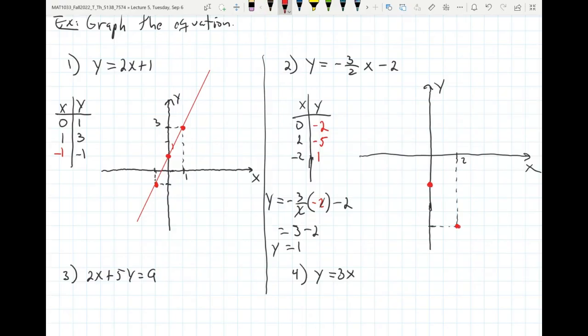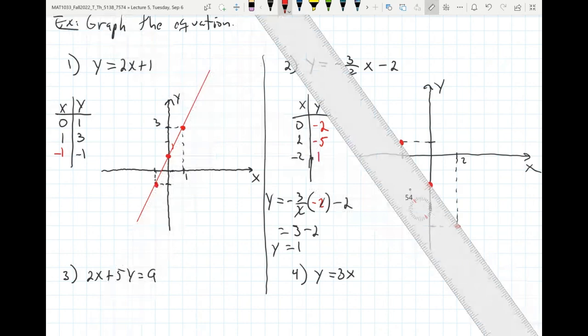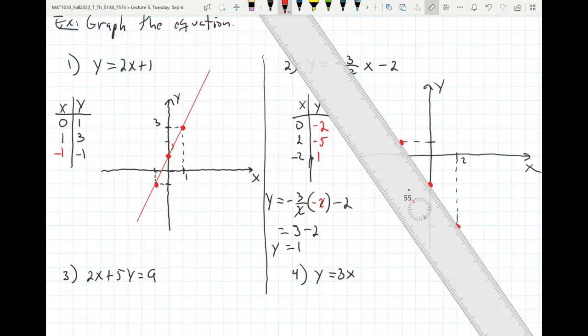It's right here. And then -2, 1. Again, it's always nice to do 3 points because that will allow you to check and make sure that everything is what's supposed to be. Notice that this time, we don't get a line that's going up. We are actually getting a line that's going down.